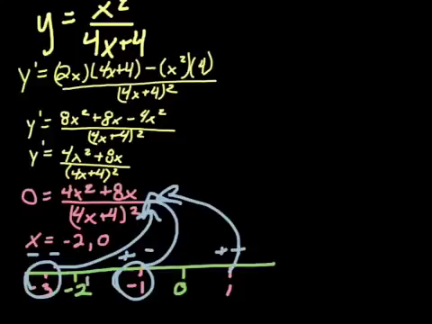So then this is positive, this is negative, and this is positive. Then we can find where it's increasing.